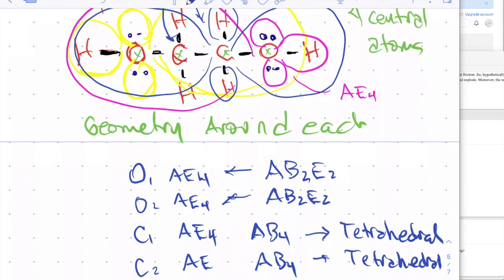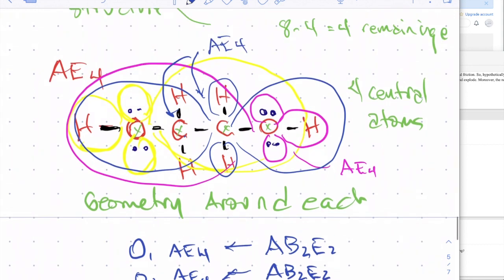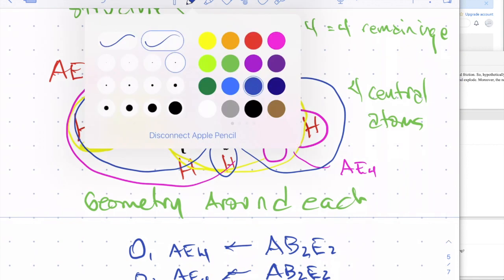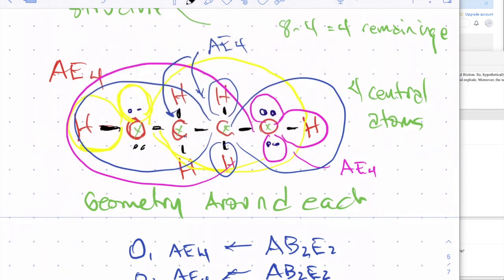AB2E2. And the reason why they're AB2E2 is, let me try and show you this real quick. This oxygen has this lone pair right here. There's a lone pair right there. This lone pair right here. This lone pair right here. So that's your E's.